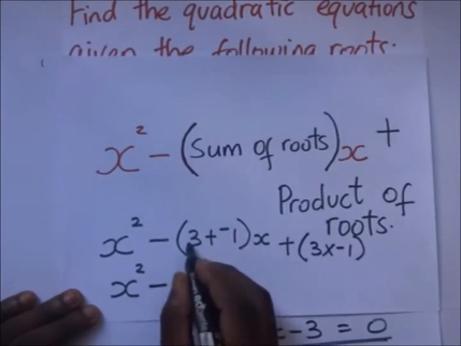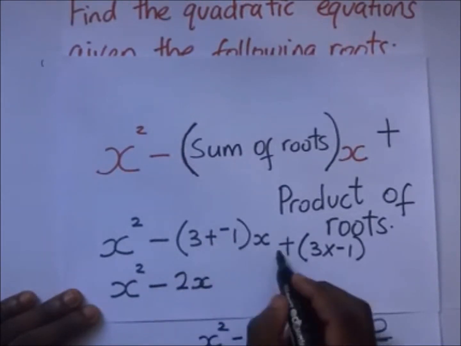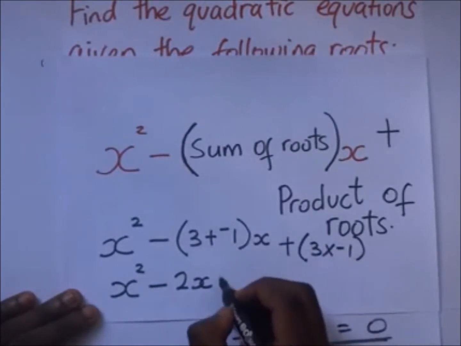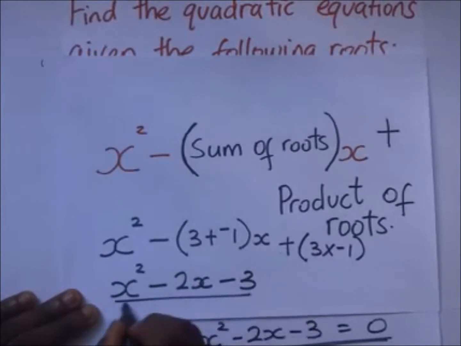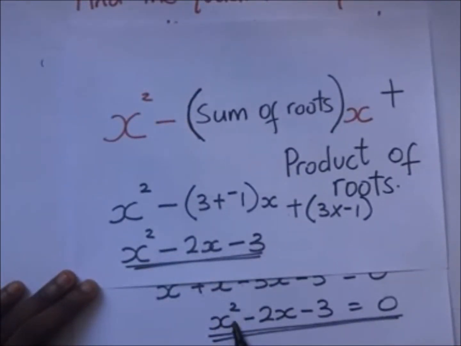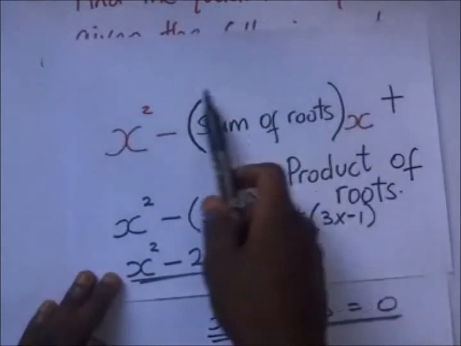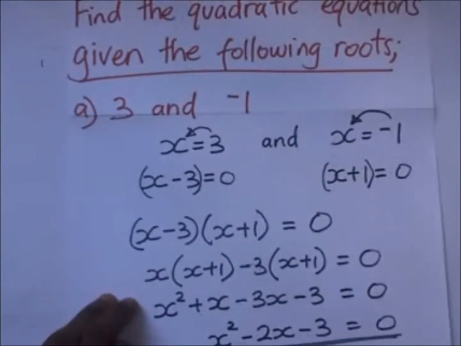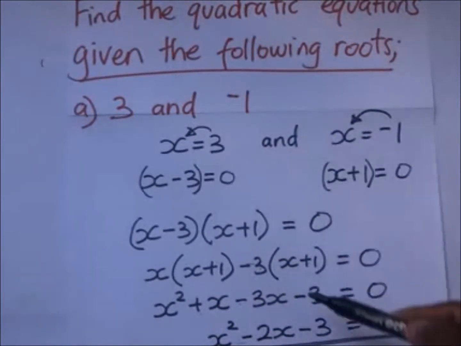So it's going to be minus 2x plus 3 times negative 1. 3 times negative 1 is minus 3. So it's minus 3. And you realize that x squared minus 2x minus 3 is the same as this, x squared minus 2x minus 3. So whichever formula you use, you can use this expression, or you can decide and work backwards like the way we have done in this video.